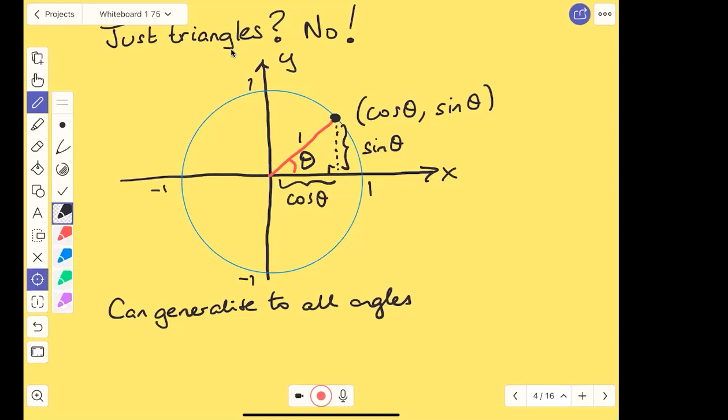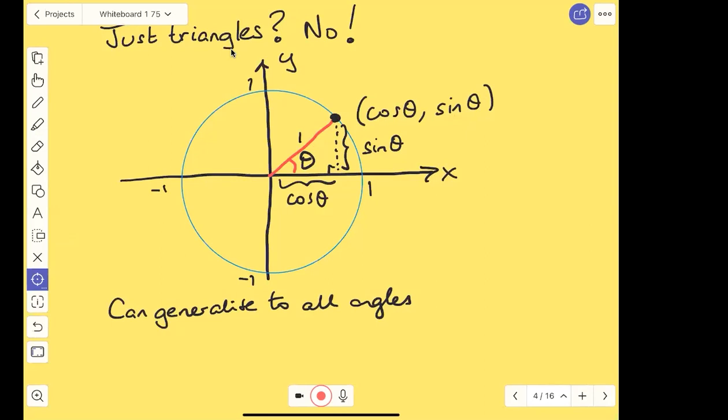And because the radius here is 1, this height is the sine of theta. So the y coordinate of that point is the sine of theta. In the same way, the x coordinate of this point is the cosine of theta, since cosine of theta over 1 is the cosine of theta.